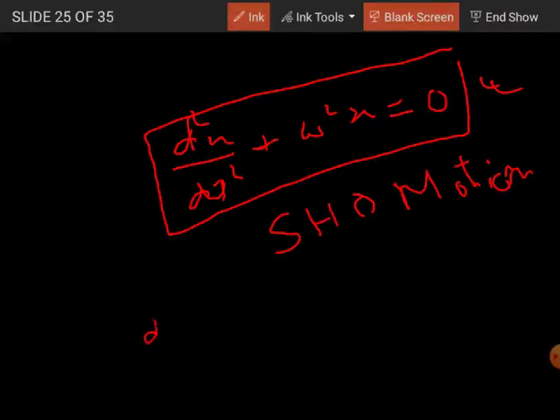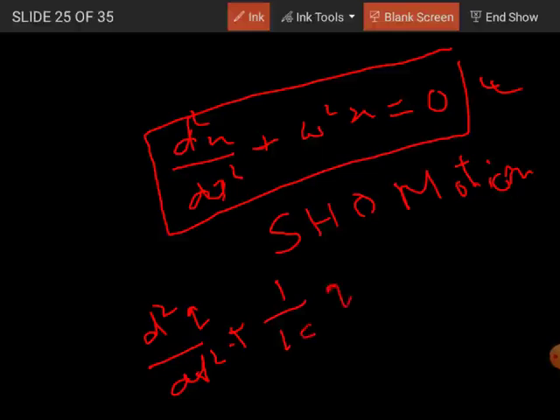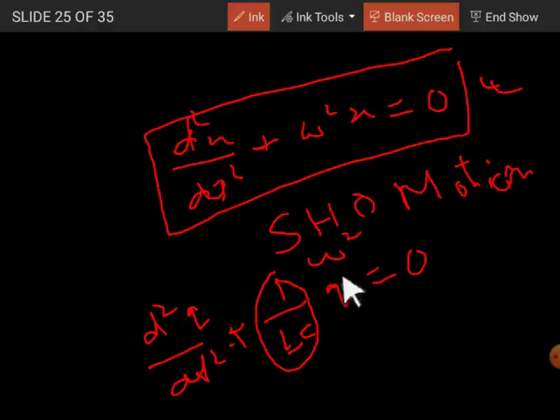That is, d square q by dt square, this will not equal to, this will be plus 1 by LC q, right? So instead of this 1 by LC, we just represent it by omega square x. So this 1 by LC will be equal to omega square.